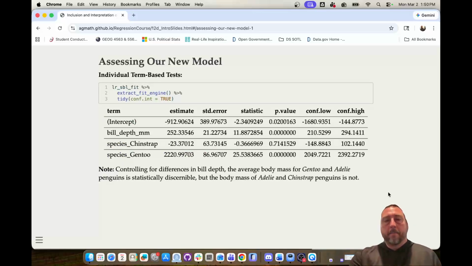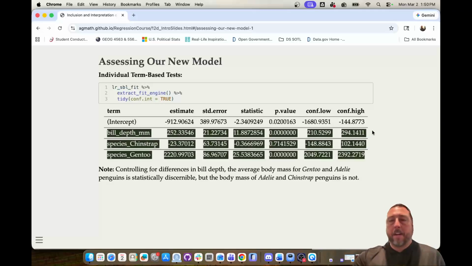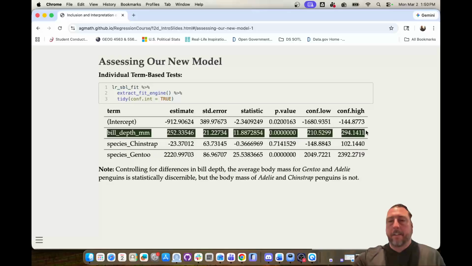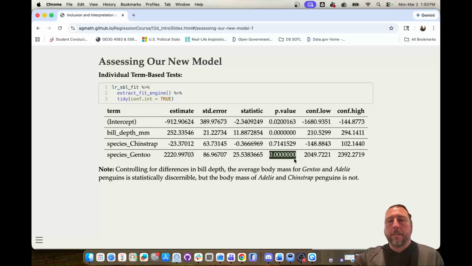All right. So controlling for differences in bill depth. So we know that penguins are going to have bill depth differences. It does look like Gentoos, because of their small p-value, have statistically different body masses than Adelie penguins.